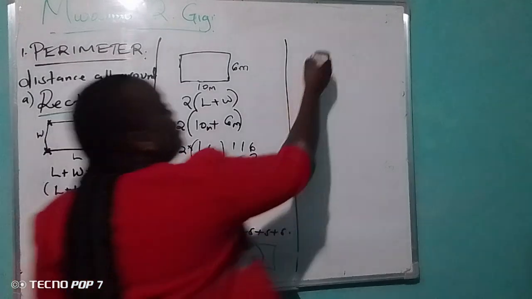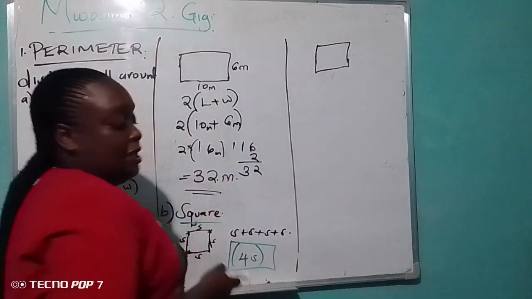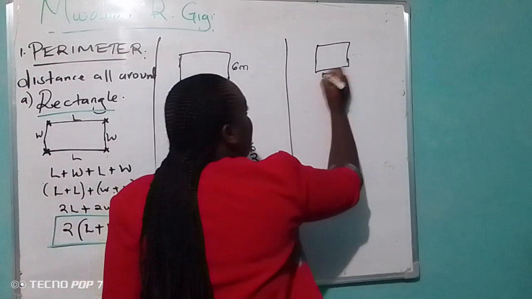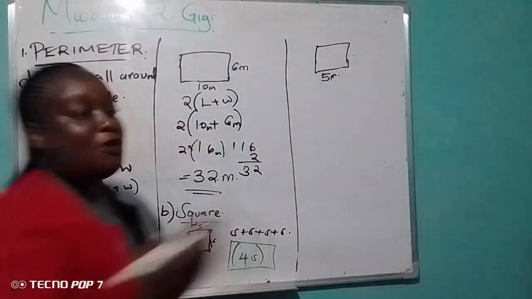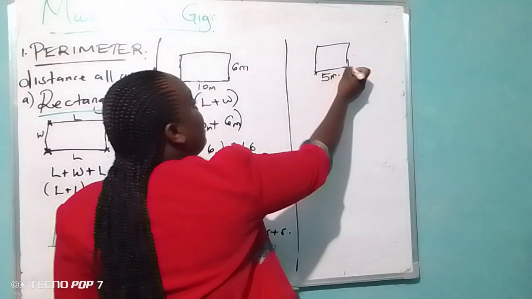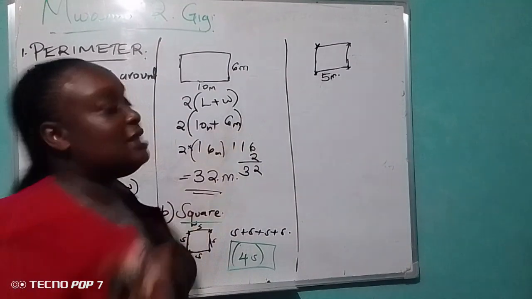For instance, we have a square here. Let's say 5 meters. So it's 5 meters. Wanaweza kupea tu side moja. Sasa kama ni square, wakikupea side moja, si hii side na hii side zinatoshana. Square, all sides are equal.